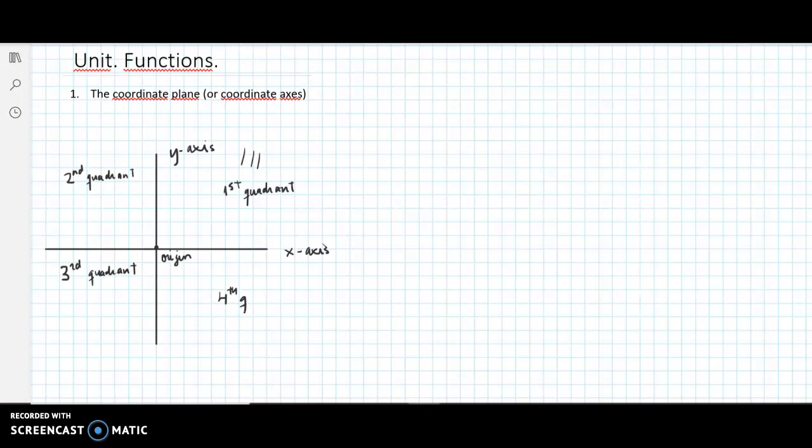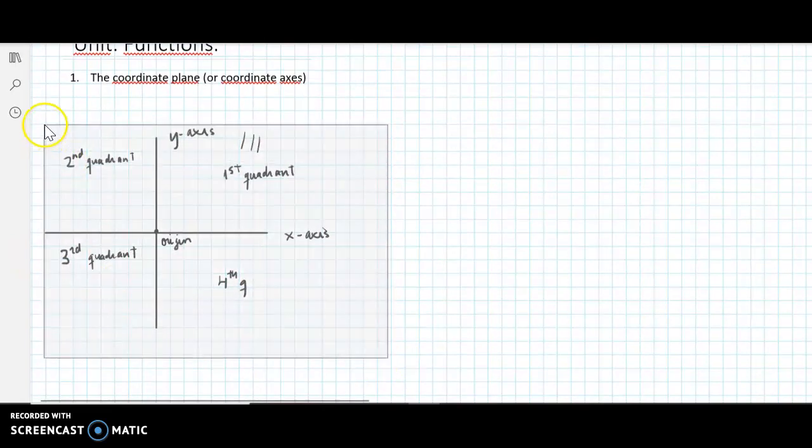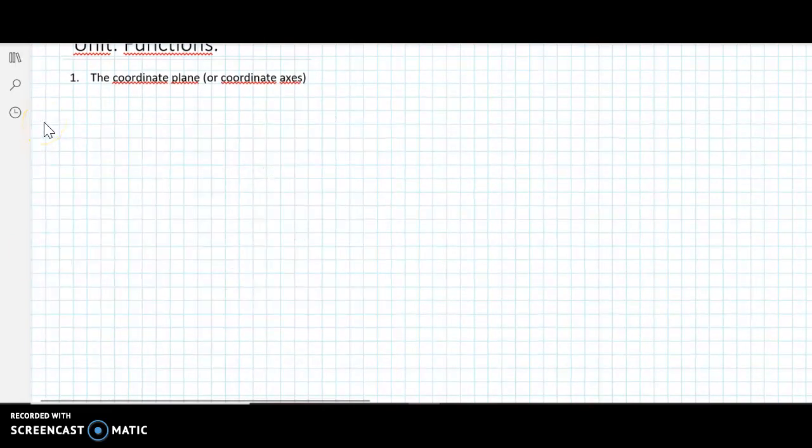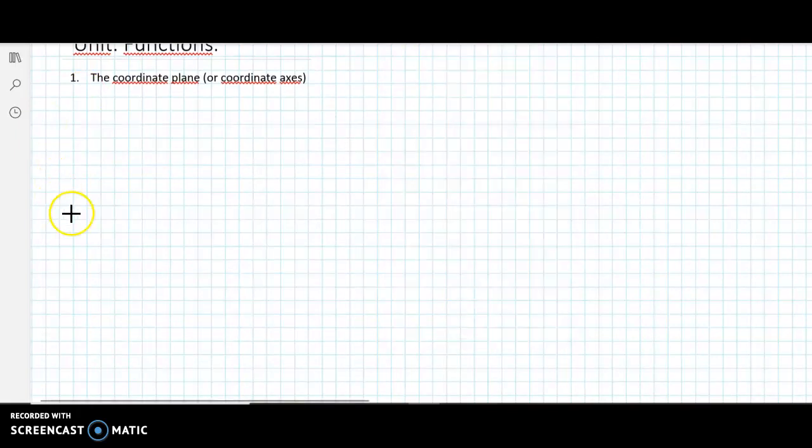Okay? Well, so we are going to use this coordinate plane to represent points. So I'm going to clean this. I'm going to make another coordinate plane, and I will show you how to represent points.